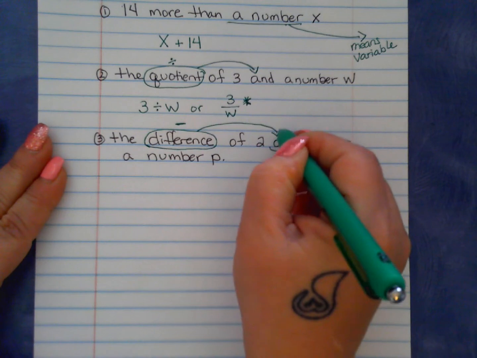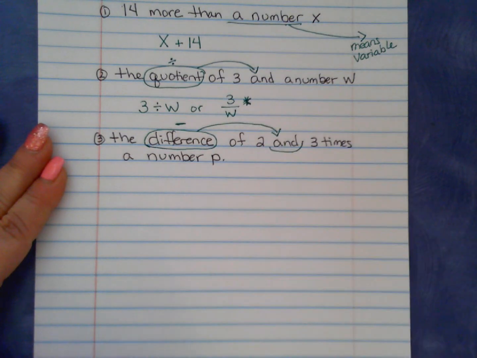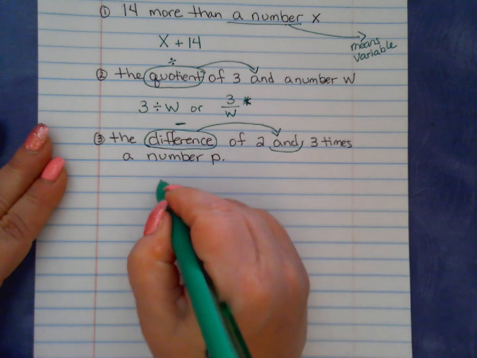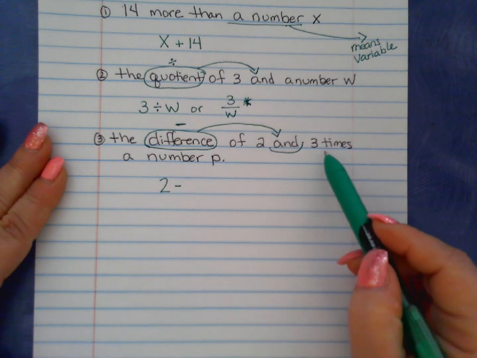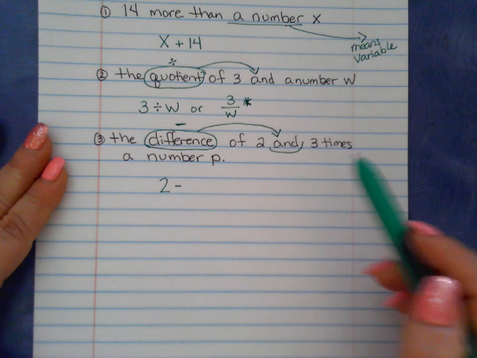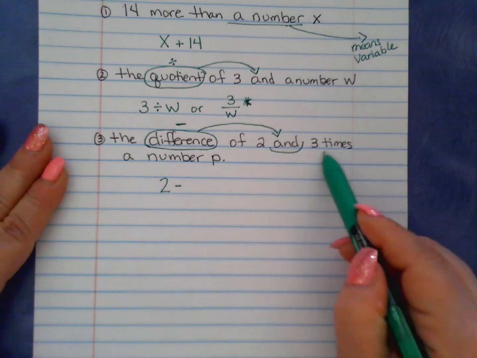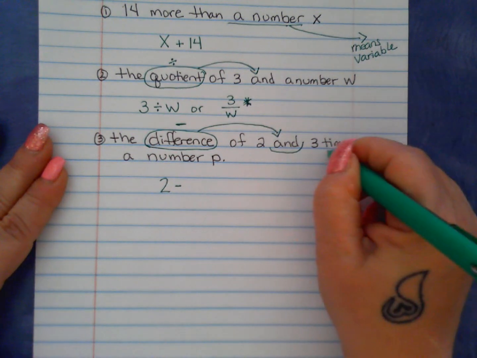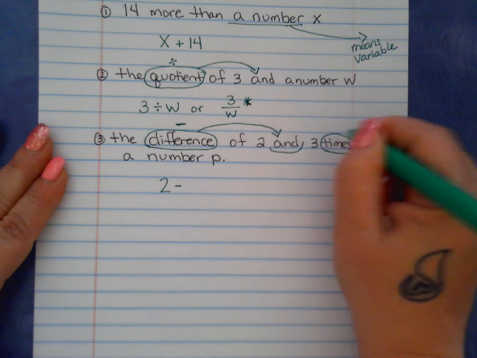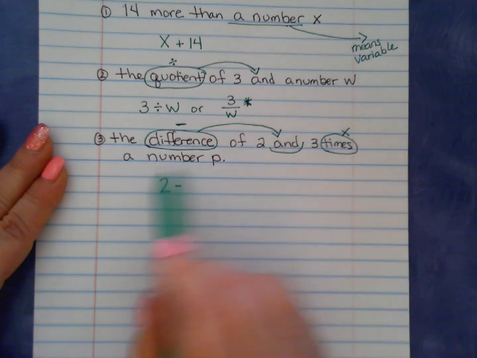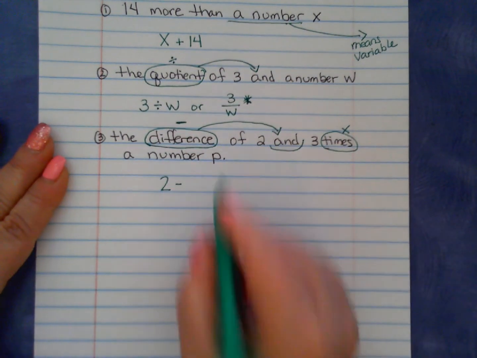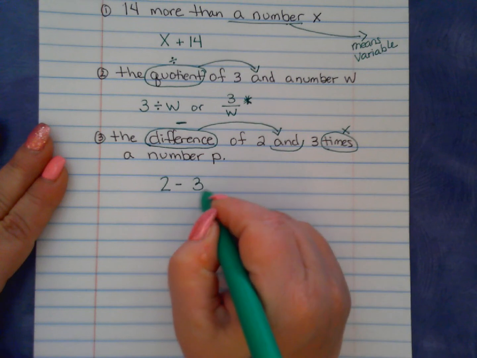So I know that it's going to be 2 minus, and then it says 3 times a number P. Well, remember, this is another operation right here. This is telling me to multiply. 3 times, what am I multiplying it by? P, a number P. So 2 minus 3P.